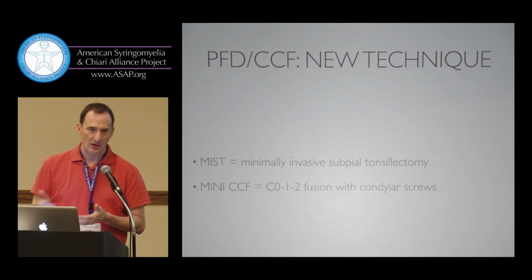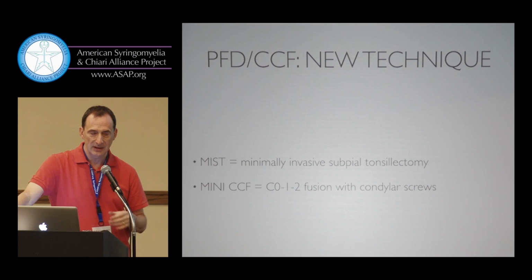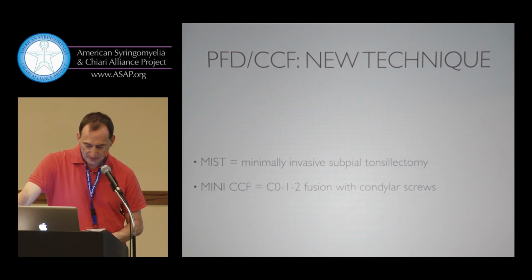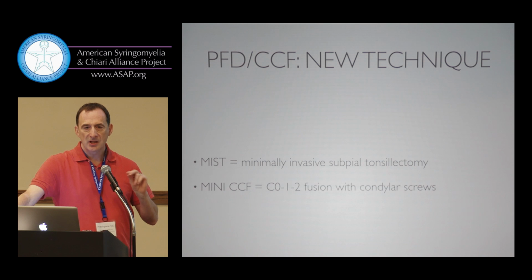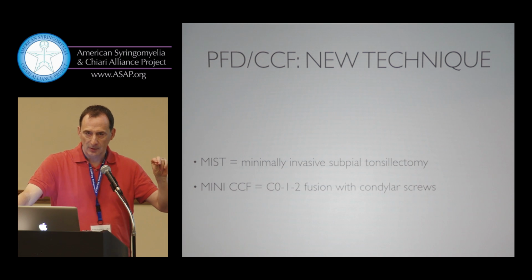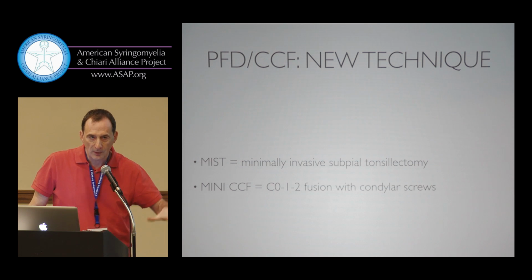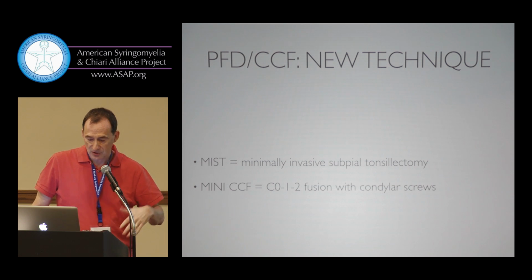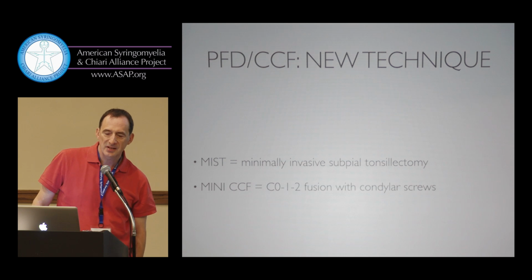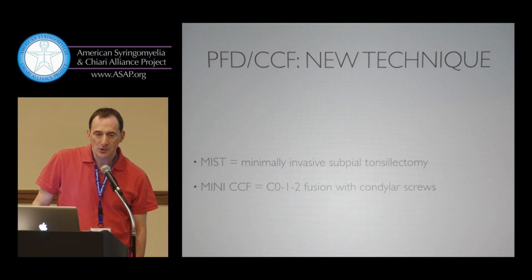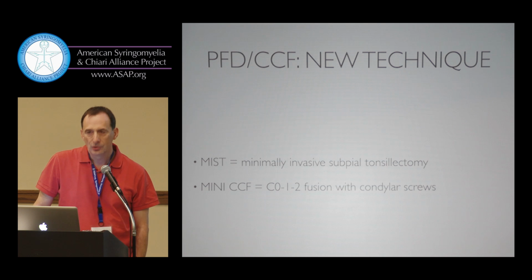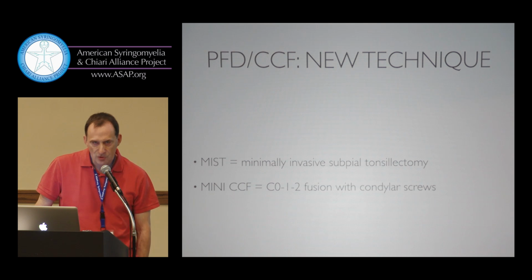Fortunately, the tonsils have no function whatsoever, so doing that is not deleterious. And then, instead of going in the back of the skull with our screws, we go in the base of the skull. Obviously, this is a much more complex and technically challenging surgical approach, but it is something we had to do because we were tired of doing the fusion and then redoing the fusion and then redoing the fusion.